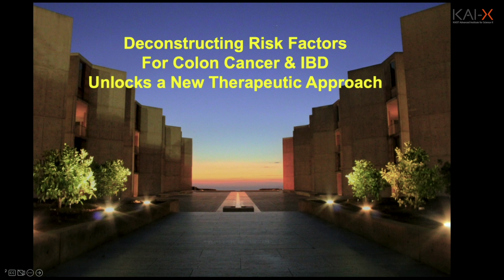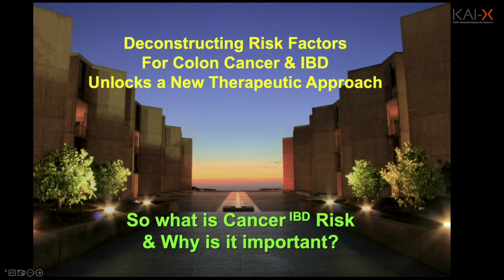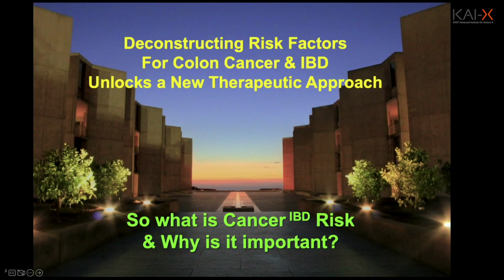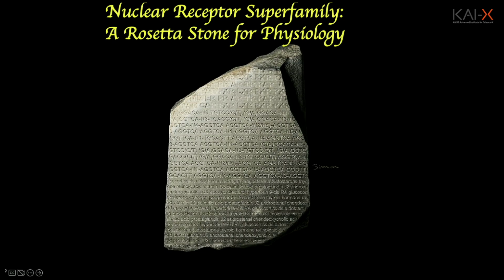If we go to the next slide, when we talk about risk, why is cancer risk and IBD risk? What is it, and why is it important? Just to go back, because our approach to trying to understand disease mechanisms and therapeutics is to focus on the nuclear receptor superfamily.